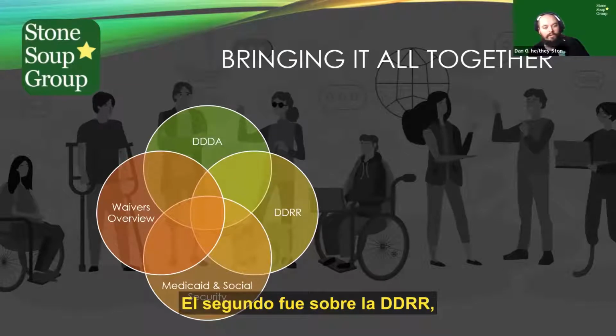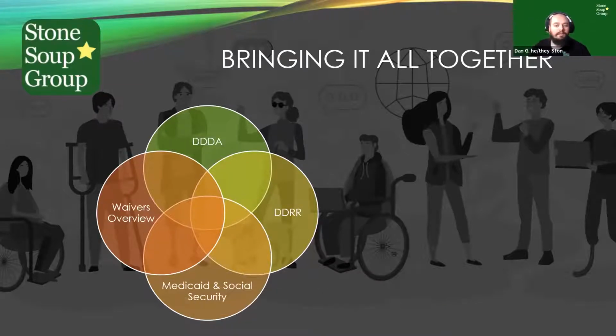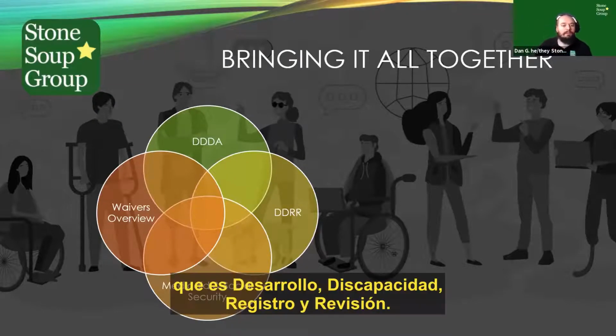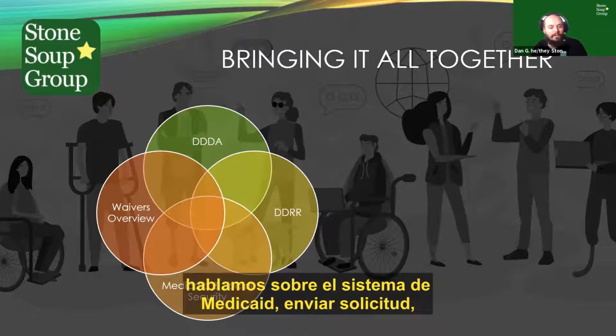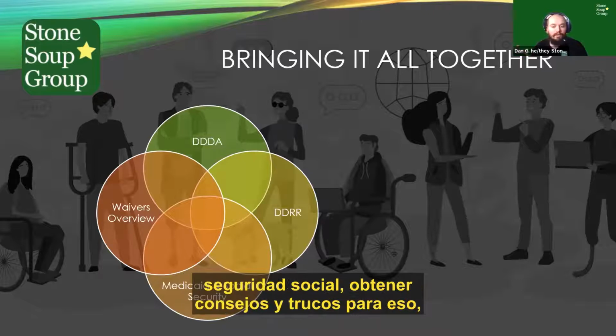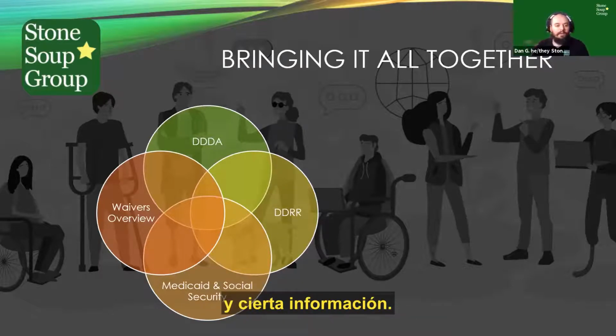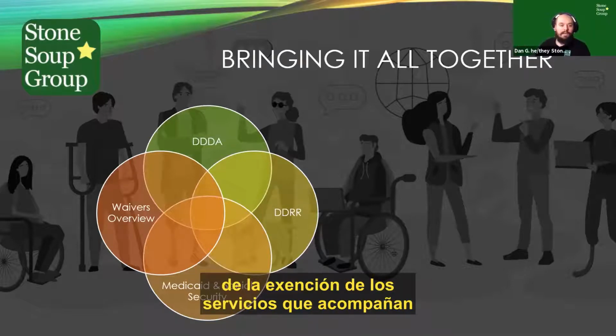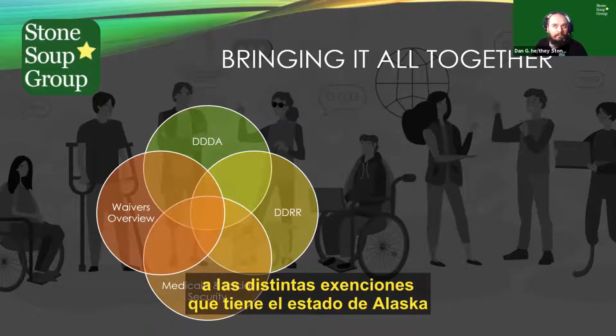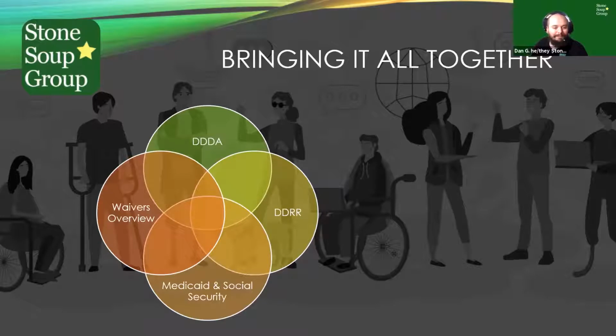The second one was about the DDRR, which is the Developmental Disability Registry and Review. And then in the third one, we talked about the Medicaid system, applying for it, Social Security, getting tips and tricks to that, and some handouts. And now we're going to talk about the waiver overview, the services that come along with the different waivers that the state of Alaska has.